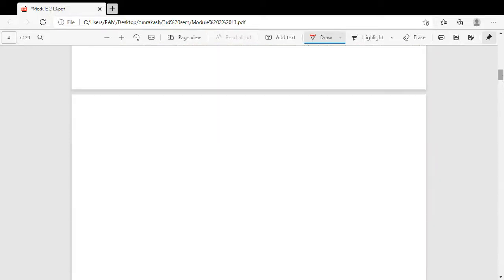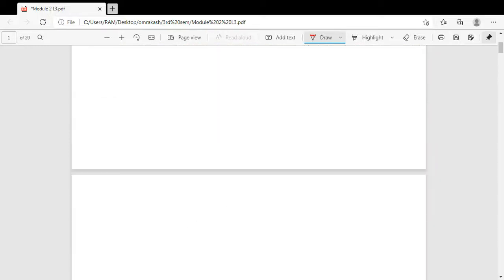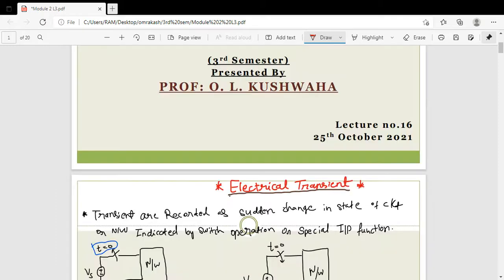So that's it for today. From next class, I will discuss the second order circuit and take some problems, and then we will go to the RC circuit, means the RC circuit as an integrator and differentiator, and some signal part we will consider.